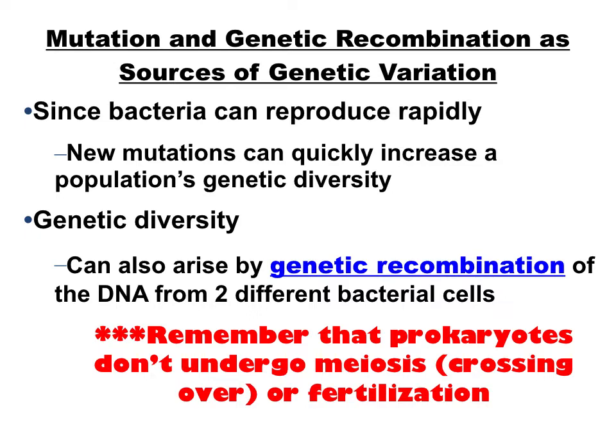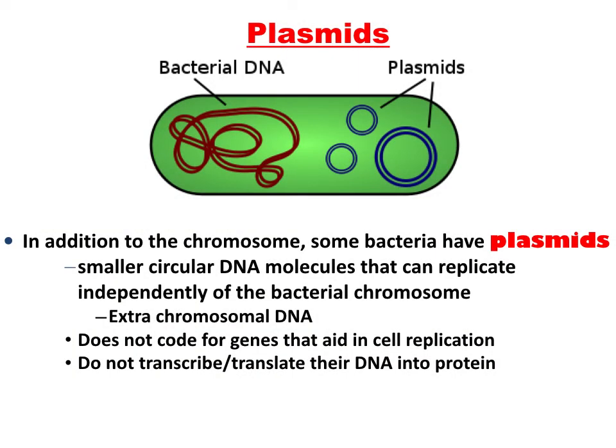Okay, but there are a couple ways for them to get new combinations of DNA. And a lot of that has to do with what are called plasmids. Okay, and plasmids are separate pieces of DNA that carry information, but they are not part of the chromosome. Okay, so the bacterial chromosome is large and circular, but plasmids are smaller and still circular.